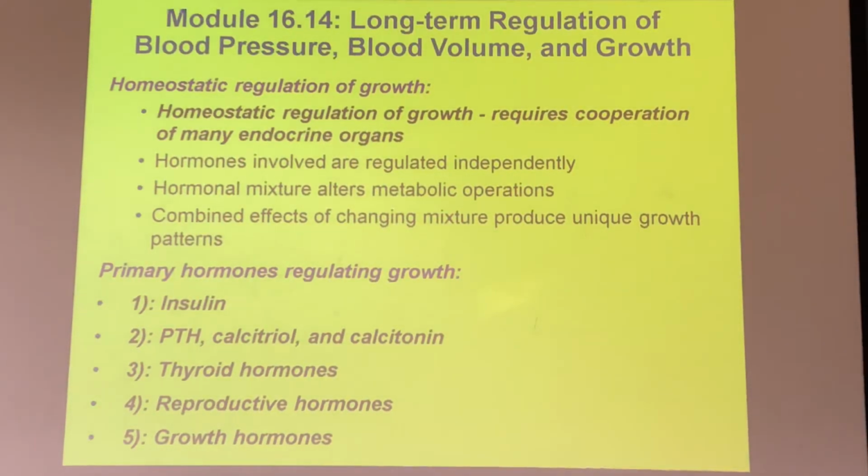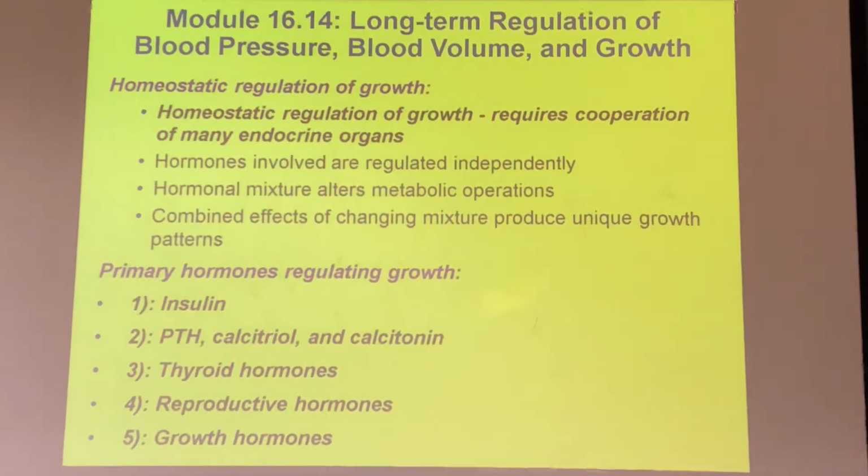Regulation of growth. It requires cooperation of many organs. It's not only one. And the primary hormones which regulate growth are insulin, parathyroid hormone, calcitriol and calcitonin, thyroid hormones, reproductive hormones and growth hormone.